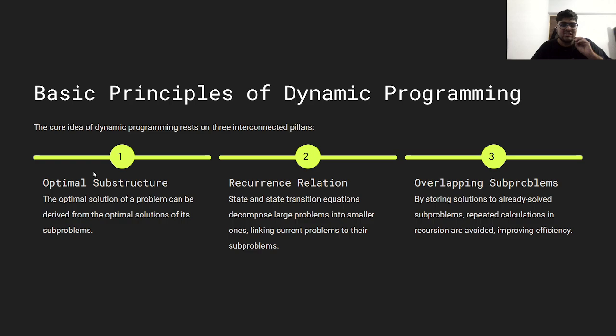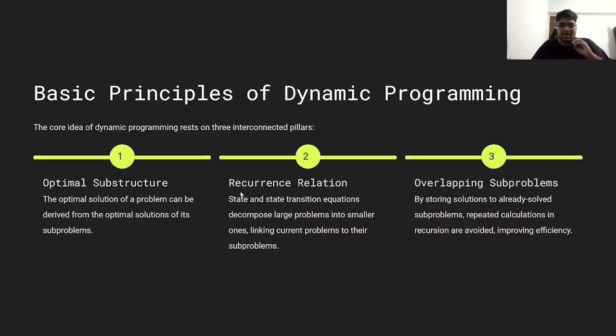Here are the basic principles of dynamic programming. These are like the axioms on which it stands. In the first step, we find an optimal substructure to exploit. The optimal solution is derived from the subproblems and the aggregate of them.